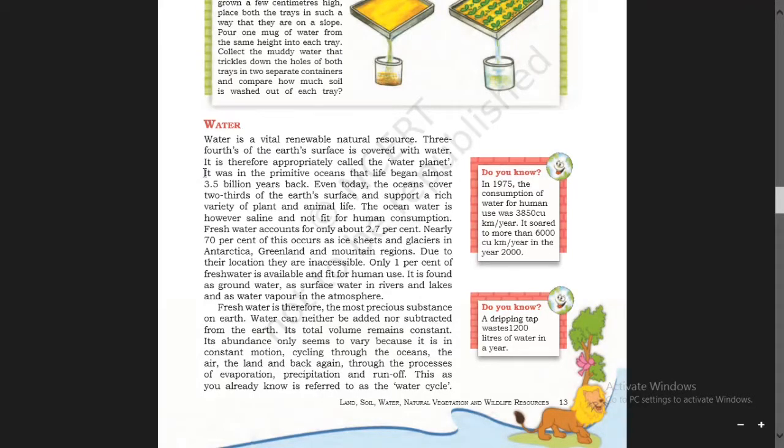As our astronauts went into space, from there they saw that the Earth is blue in color. It is because most of the Earth is covered by water. Our Earth is also known as the blue planet.